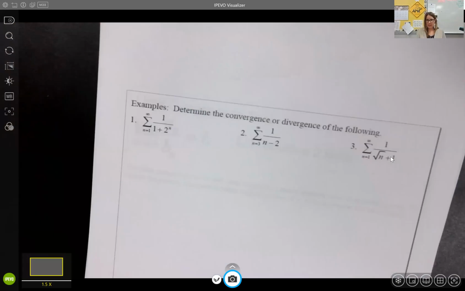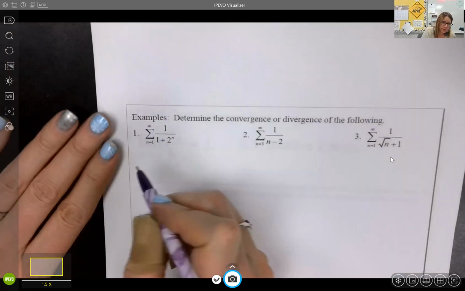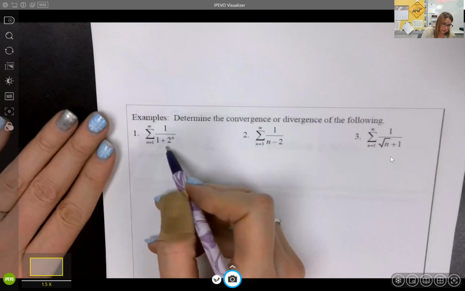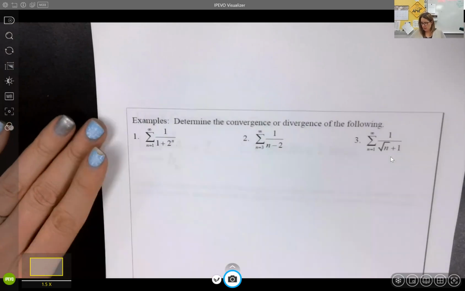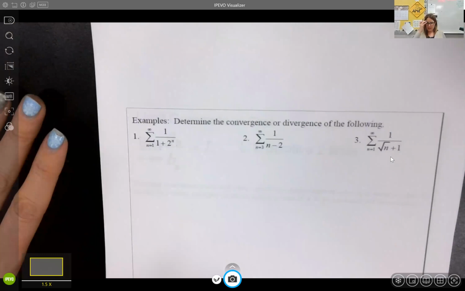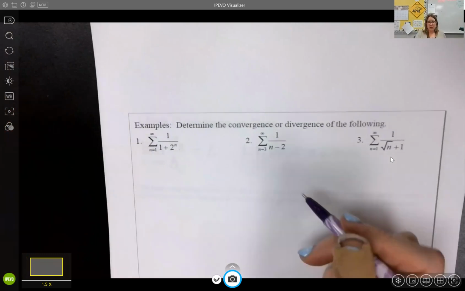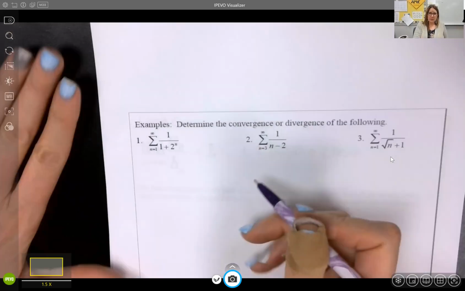So looking at some examples. My first example is 1 over 1 plus 2 to the n. And we're trying to see if this converges or diverges, all right? So we're going to use the direct comparison test just because that's what we're learning about, but there might be another test that we can use to do this, okay?